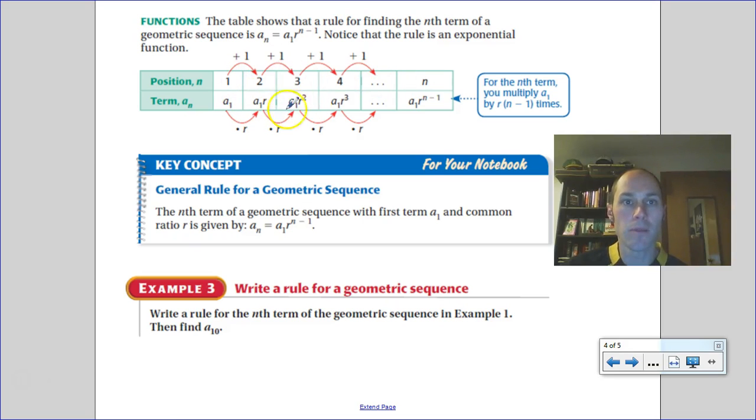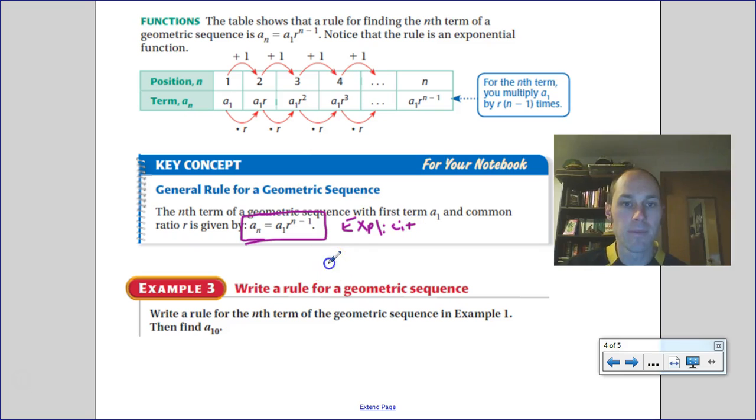To get to the nth term, I multiply by r n minus 1 times. So that's where we get our equation, similar to y equals a times b to the x. So our nth term is equal to the first term times the ratio to the n minus 1. So a times b to the n minus 1. So this is our explicit formula.